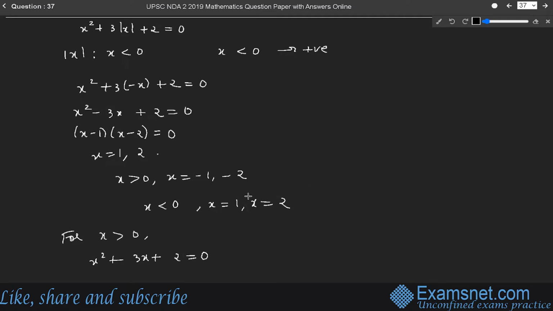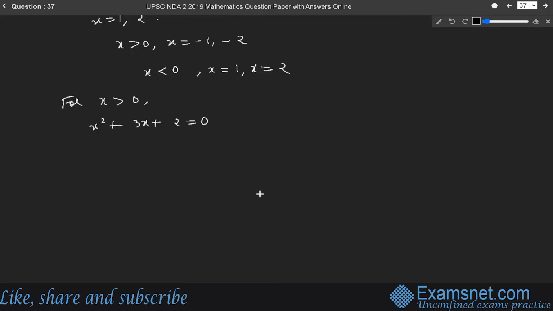Now we are taking the positive value. So again, by splitting the middle term, the factors will be x plus 1 and x plus 2 is equal to 0. So x will be equal to minus 1 and minus 2. But again, for the condition x is greater than 0, x equal to minus 1 and minus 2 will not be satisfied.